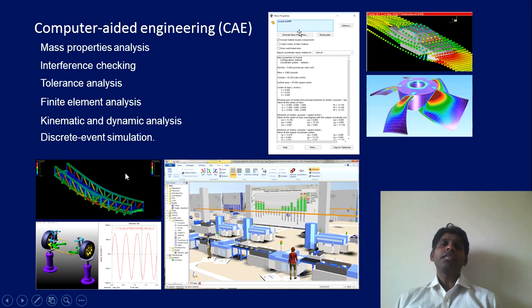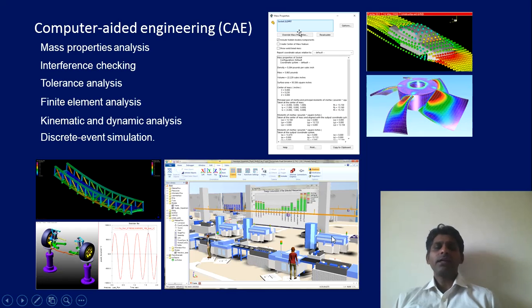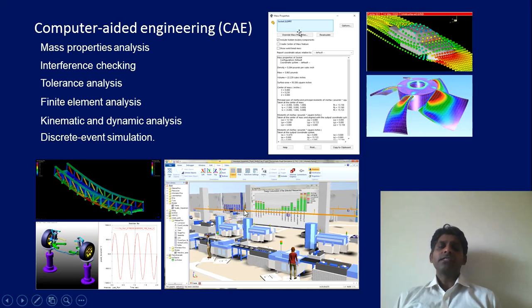So all of these events can be modeled and simulated, and what will be the effect of these models can also be analyzed by using various softwares. So this particular image represents that, wherein you have a lot of machines, and then you can run this particular simulation and then analyze various results associated with this.